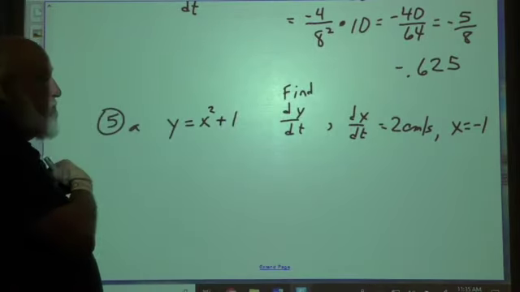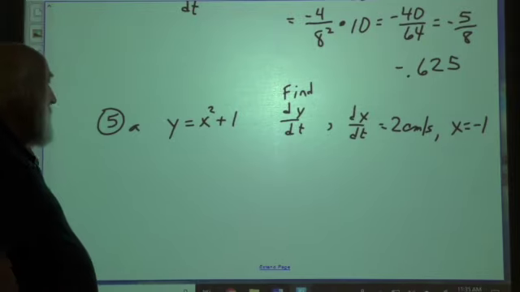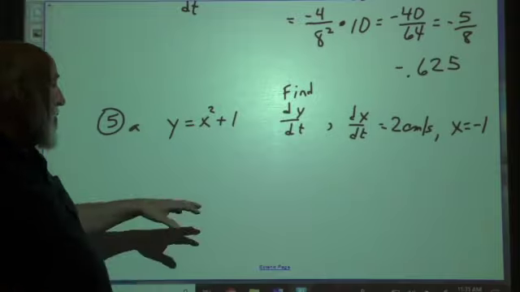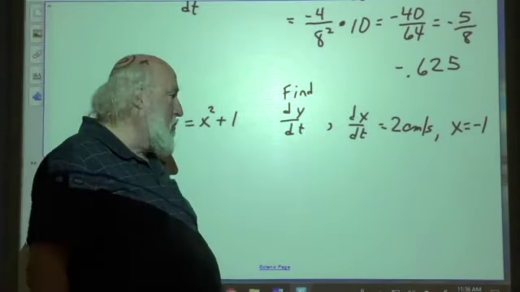In fact, that's the thing about 6 and 8 that you're going to do: you're all going to have dx/dt being 2 centimeters per second.